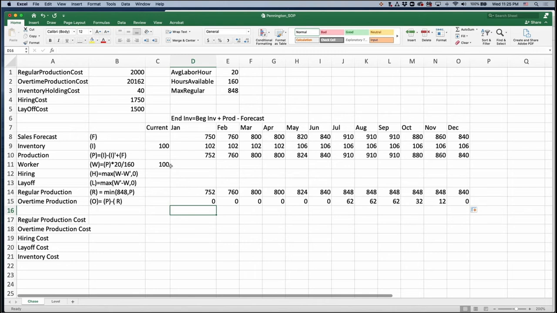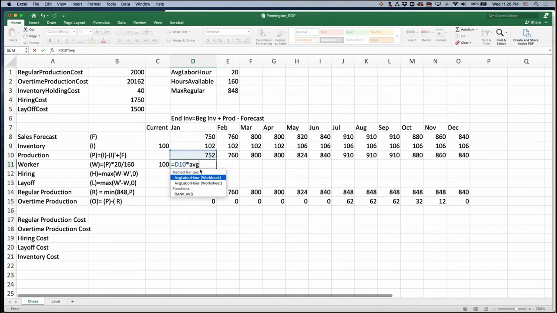To compute the required workers, we have to produce this quantity, and for each unit we use average labor hours. Each worker has 160 hours of available time, so you divide this quantity by that, and that is the required workers.